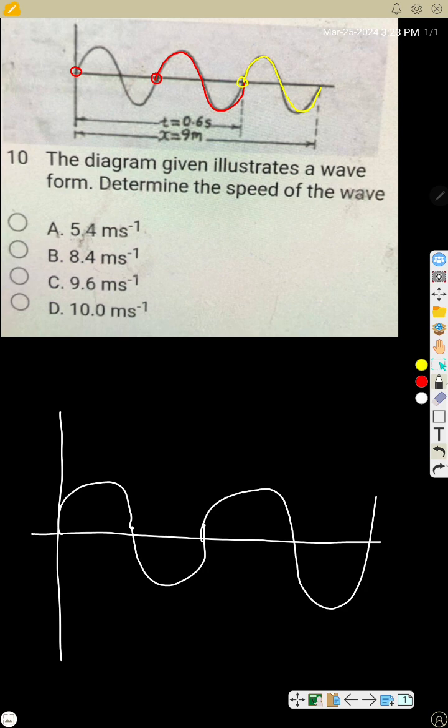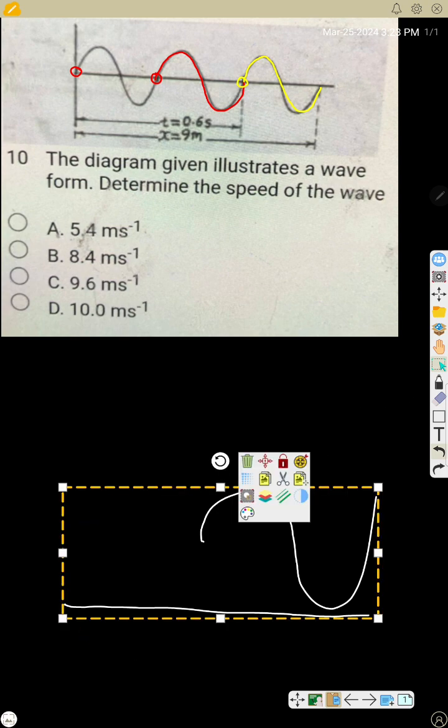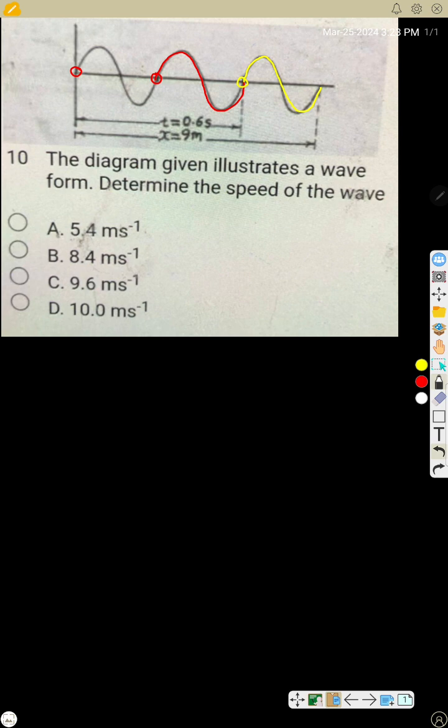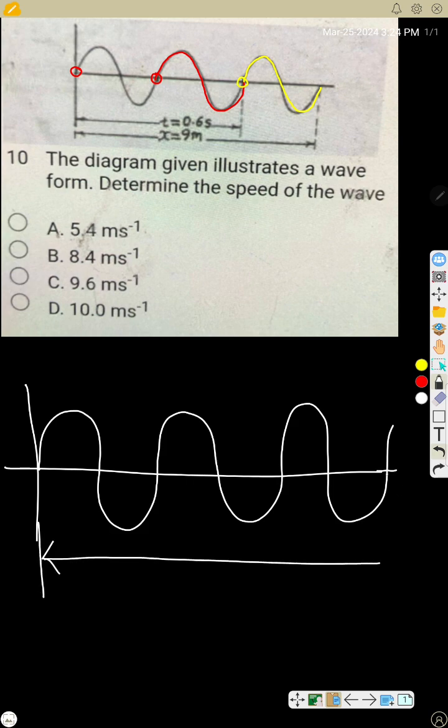So now, what is one cycle? The length of all the 3 cycles is 9 meter. So we have 3 cycles like this, and everything is 9 meter.